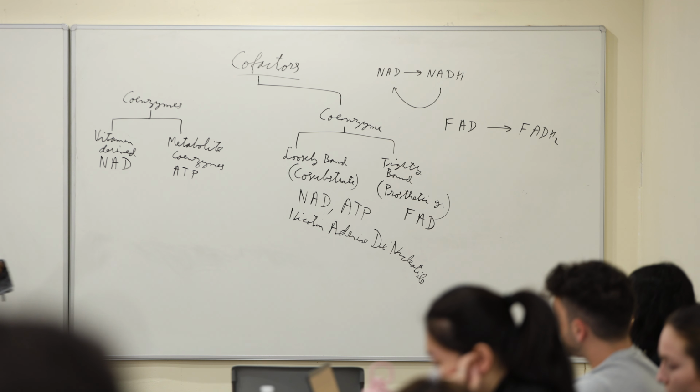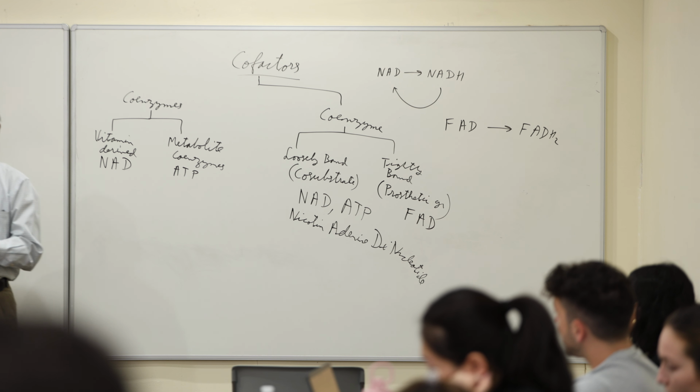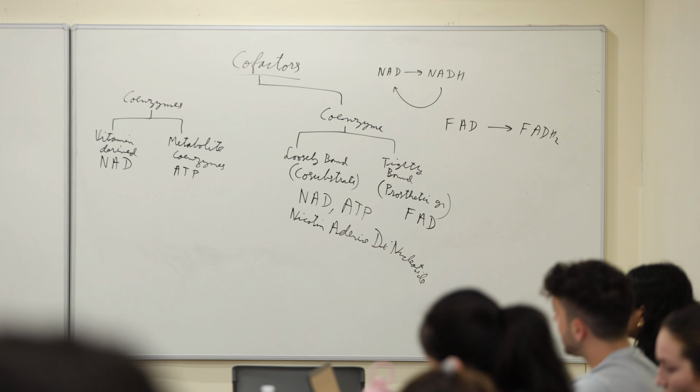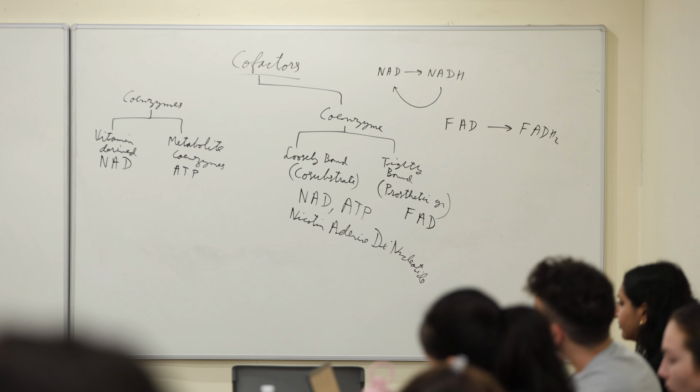So this chapter on coenzymes we will revisit every time we talk about a certain metabolic pathway. For example, thiamine is a vitamin that forms thiamine pyrophosphate, which is a coenzyme. What it does, no point in talking about it now.